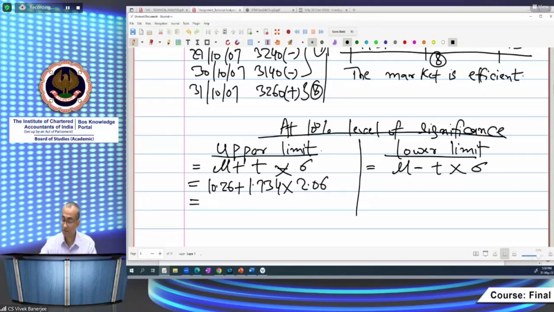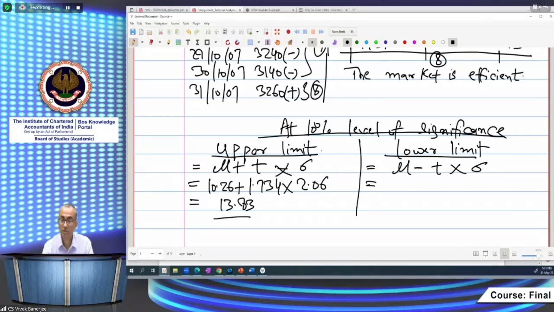Let us calculate it. It is coming to about 13.83, the upper limit.